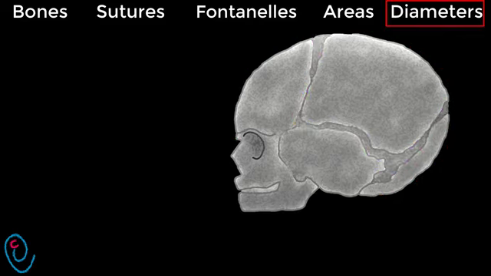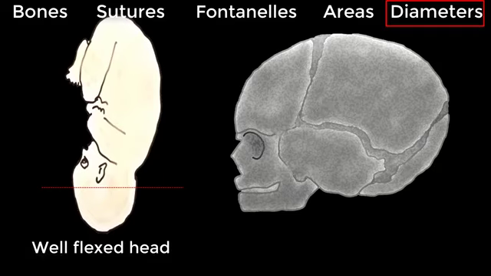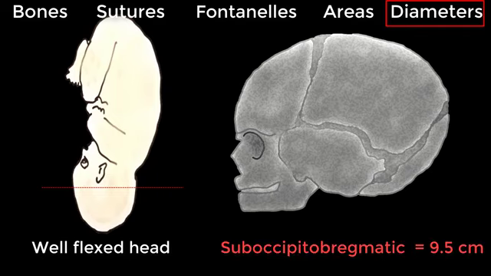Regarding the diameters, there are longitudinal diameters and transverse diameters. The presenting longitudinal diameter depends on the degree of flexion of the fetal head. If the fetal head is well flexed, the presenting diameter is suboccipito-bregmatic diameter.